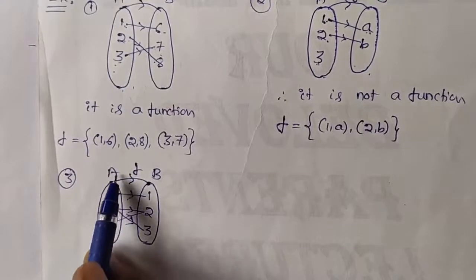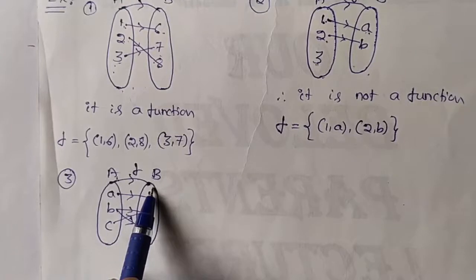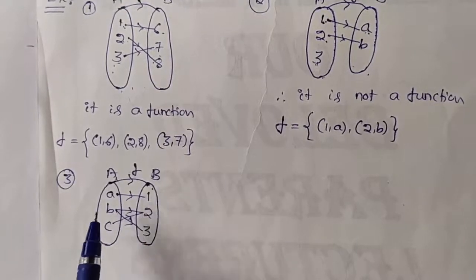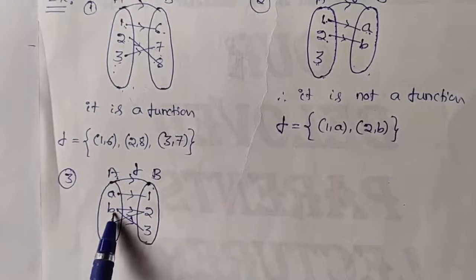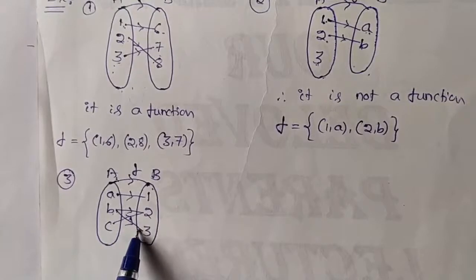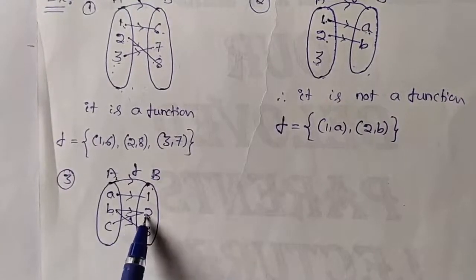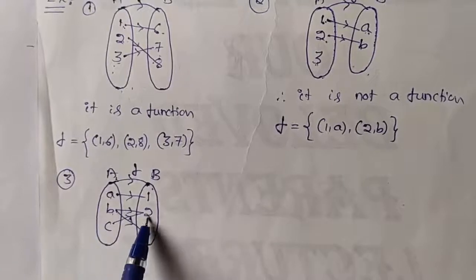According to the definition, every element in the set A has one and only one image in the set B. Is this a function? A has only one image 1. B has two images, 2 and 3. C has only one image 2. But B has two images.